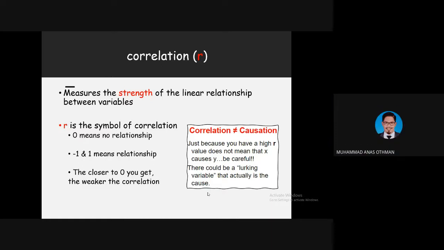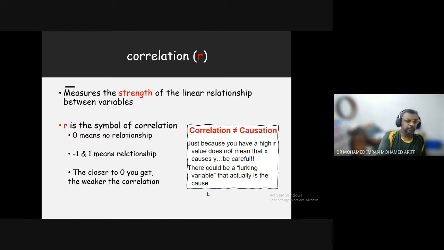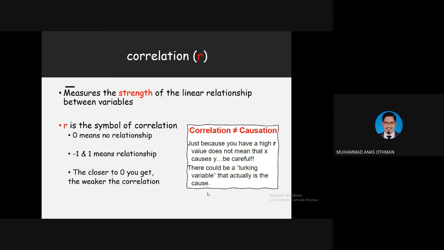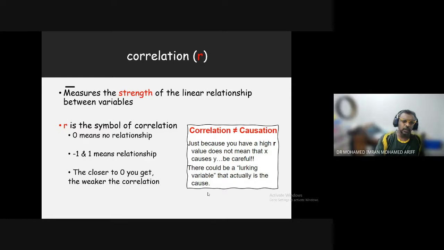Negatif ke doktor? Dia macam ni. Exercise, losing weight. Okay. So exercise, losing weight. So lepas kita buat kajian, kita dapati bahawa it's a positive R. Okay, R. Bila kita dapat positive R, maksud dia 1 lah. 1 ya. 1 is a positive R lah.